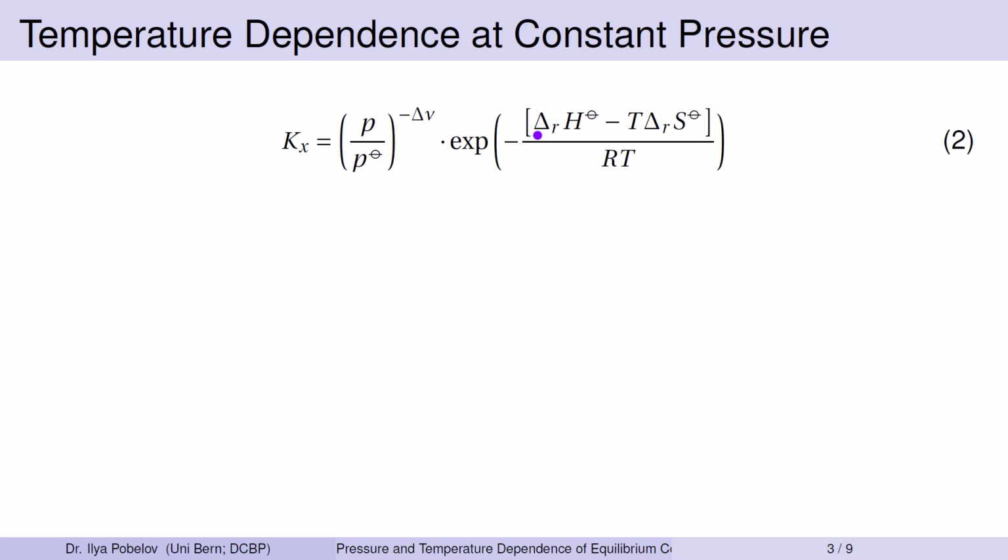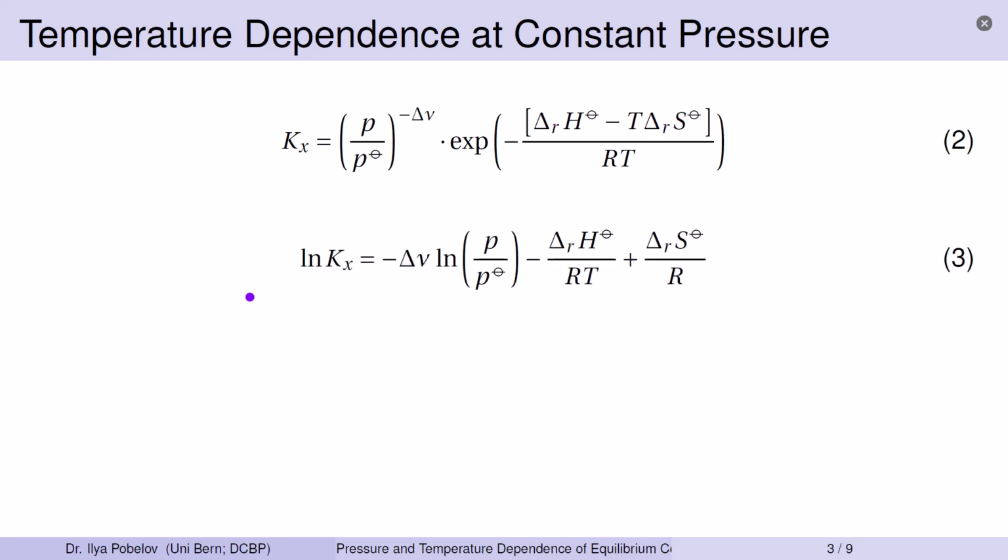We express the standard reaction Gibbs energy using the standard reaction enthalpy and entropy. From this formula, we can derive the natural logarithm of Kx.